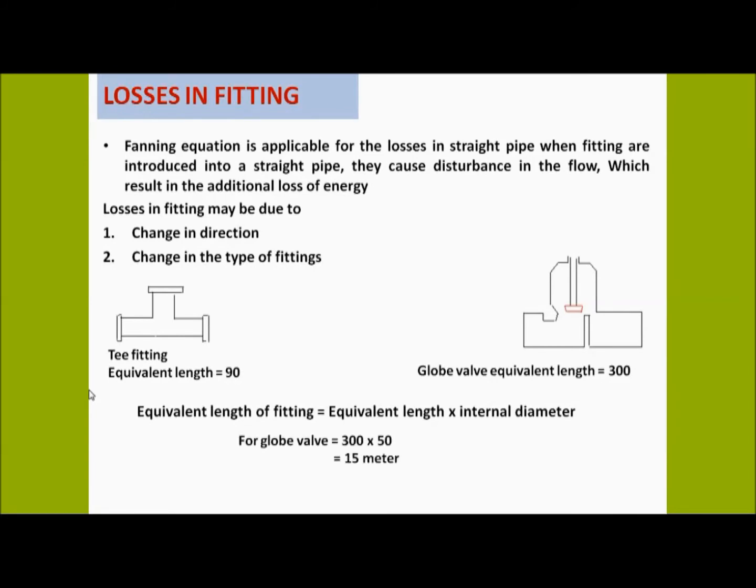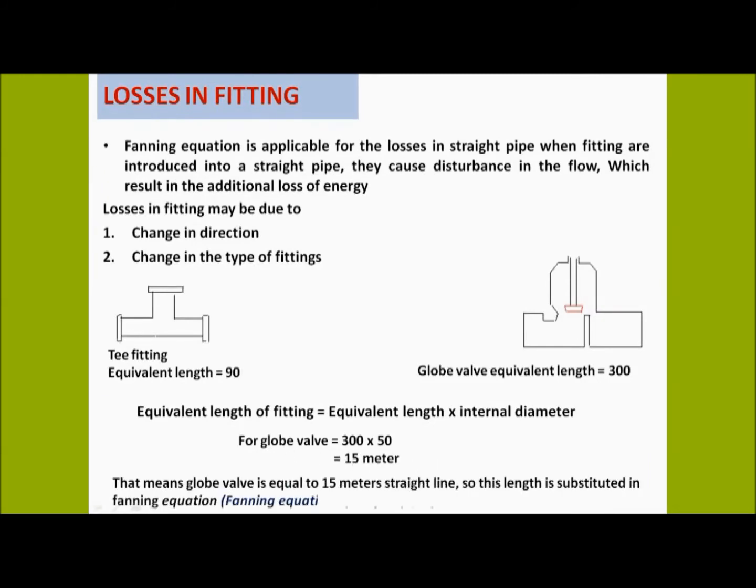The equivalent length is 300, into the internal diameter of the globe valve, which is 50, so we have 15 meter. The equivalent length of the fitting is 15 meter. Thus, this means that the globe valve is equal to 15 meter of straight pipe.